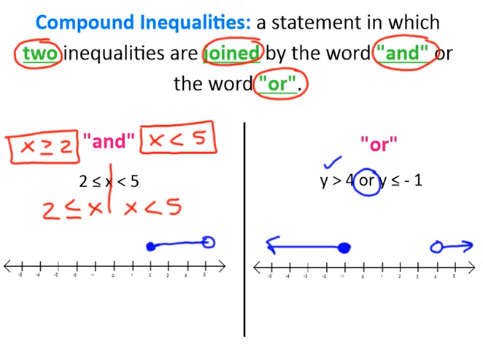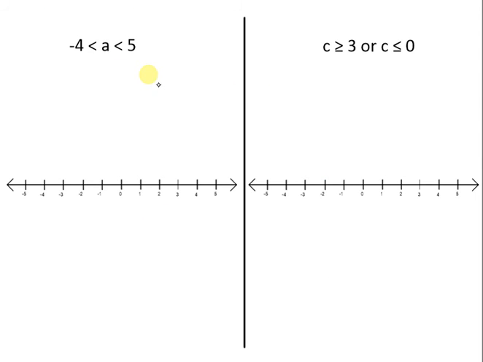All right, so let's go ahead and practice here. Okay, so here we have an and graph, and so we're going to split it down the middle. Okay, so over here we have a is less than 5. And then here we're going to have -4 is less than a, but I know I need to flip it around.